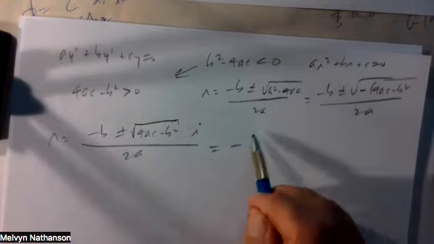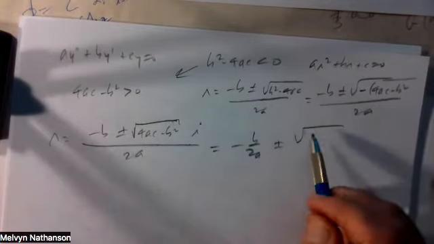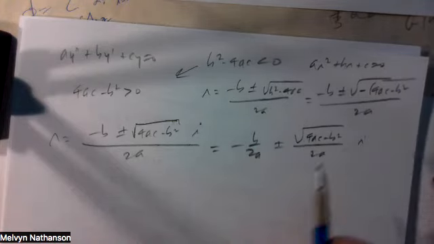Which is equal to minus b over 2a plus or minus the square root of 4ac minus b squared over 2a times i.